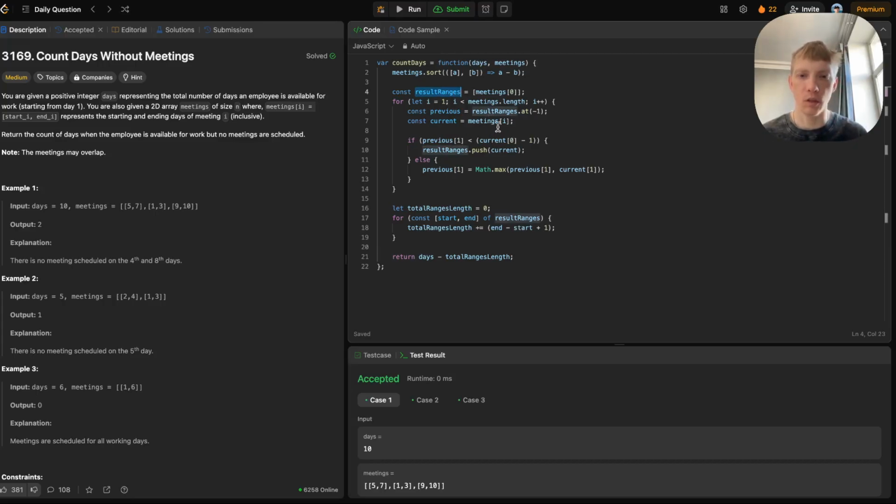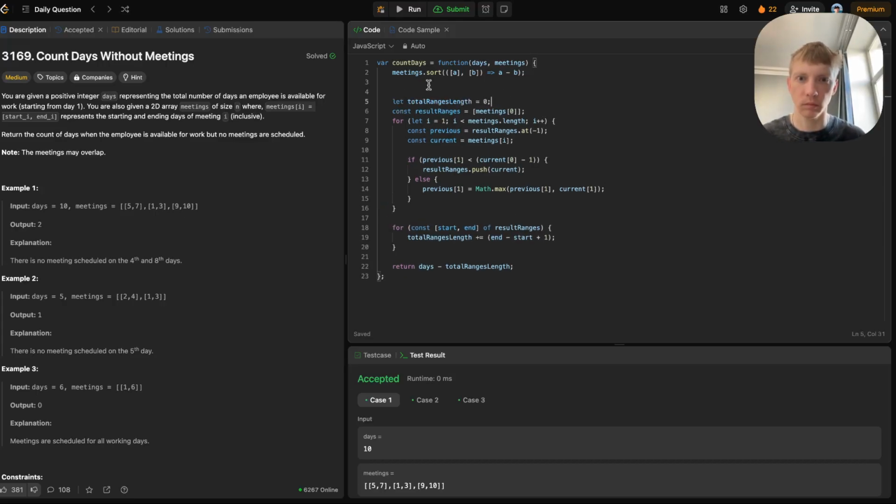We can just use total ranges length and last range. Total ranges length is 0, and let last range would be meetings 0.